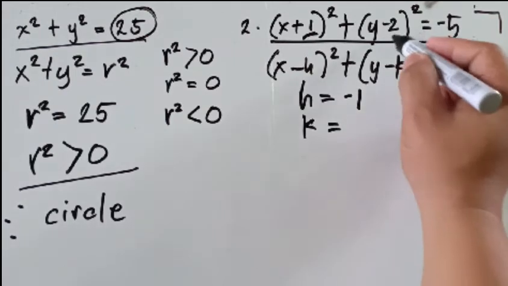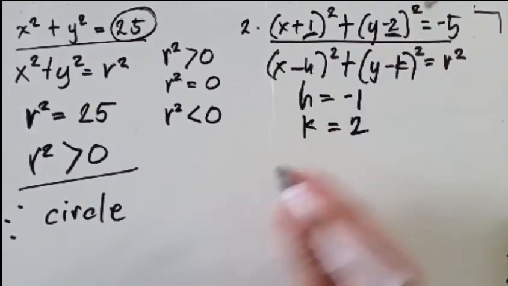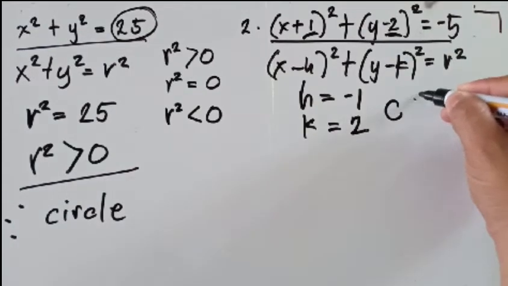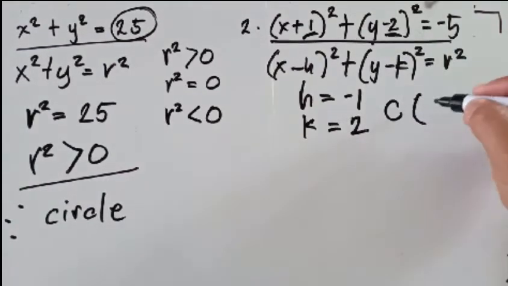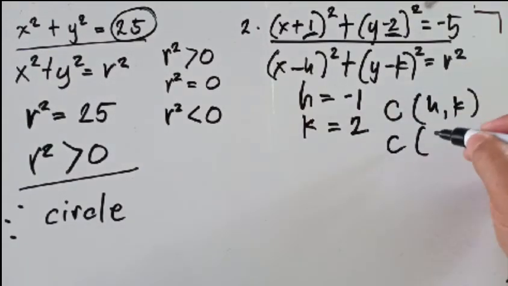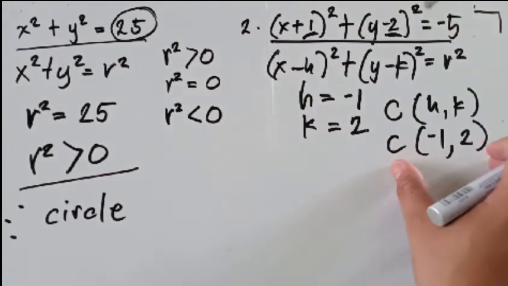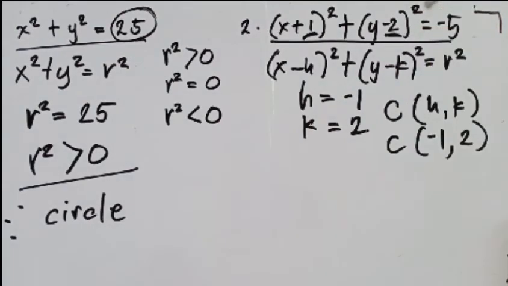How about k? You are correct, that's positive 2. Meaning, the center of the circle is at (h, k), or (negative 1, 2). So this is the center of the given circle.